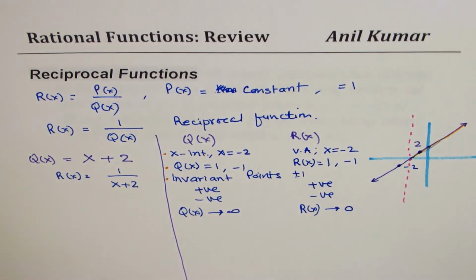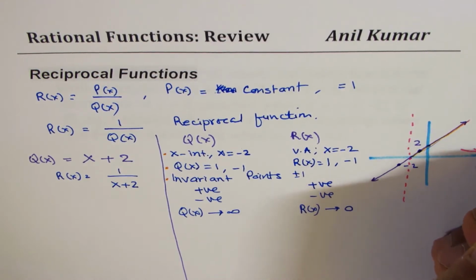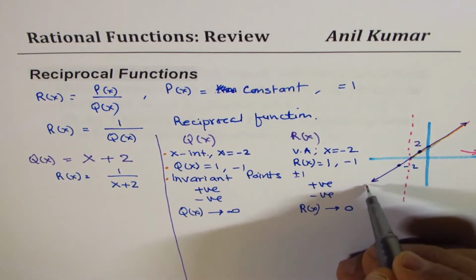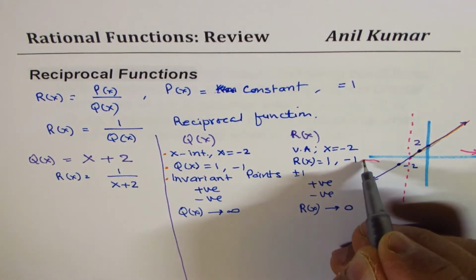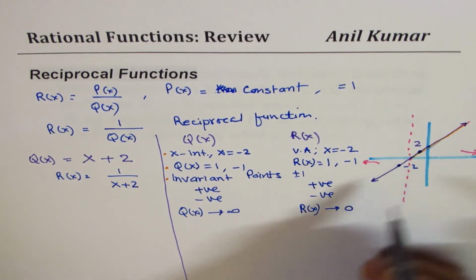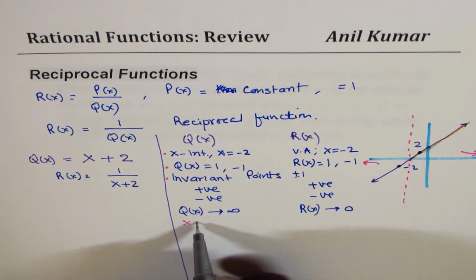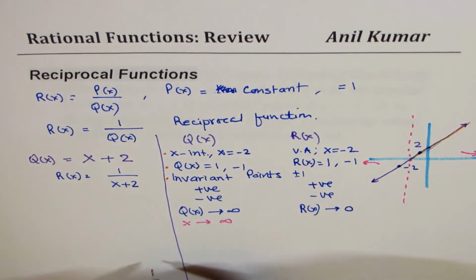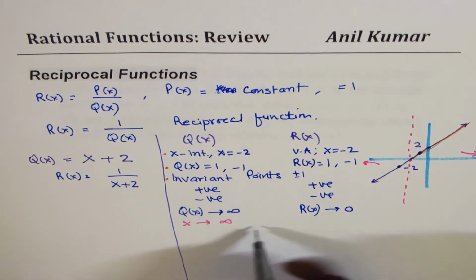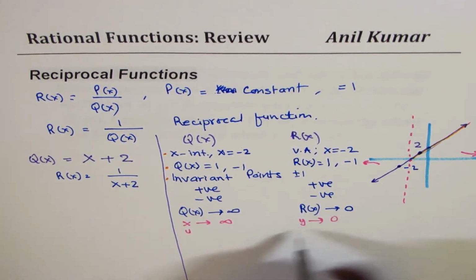Does that make sense? That means if it is approaching positive here, then this is for the reciprocal function, and on this side they are approaching negative, so it will approach like this. So when we say that when x approaches a large value, y approaches 0, we call this a horizontal asymptote.